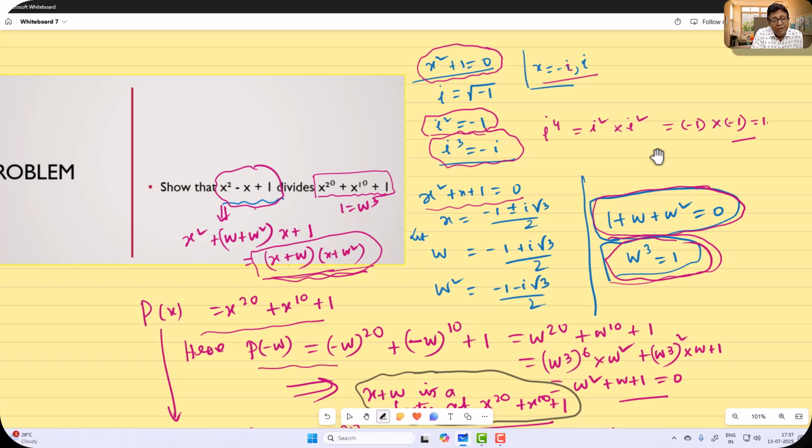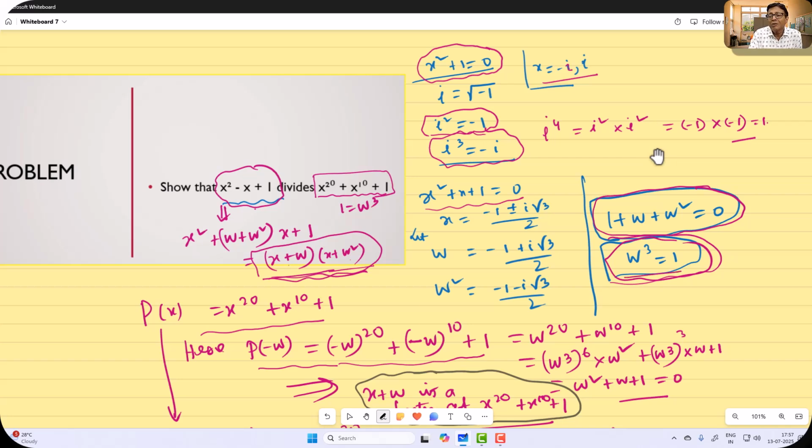We'll just find p of minus omega. You calculate omega to the power 20, omega to the power 10 plus 1. 20 is omega cube to the power 6 into omega square. This is omega cube to the power 3, then omega to the power 9 into omega, plus 1.